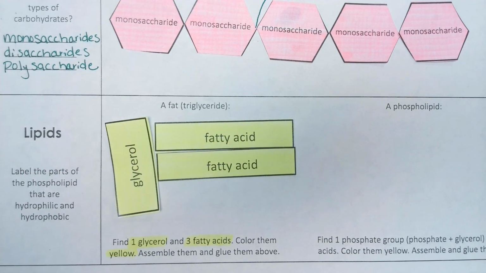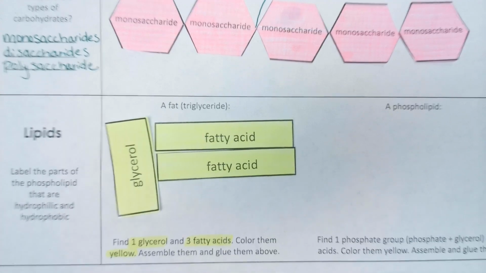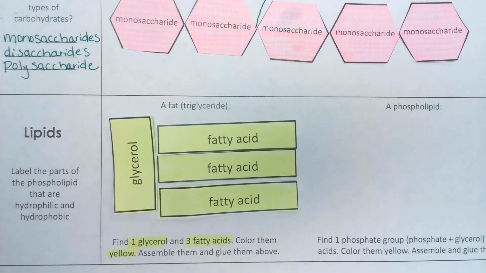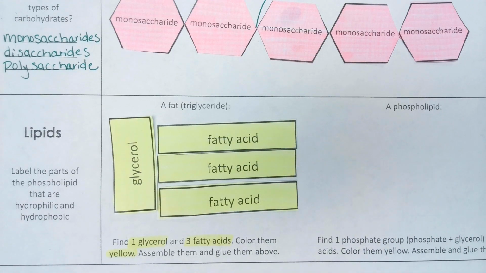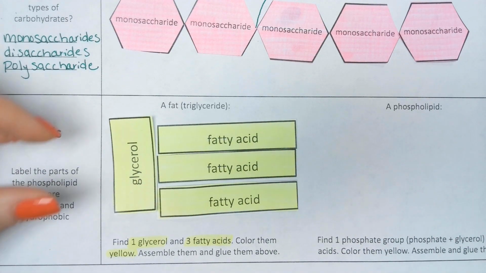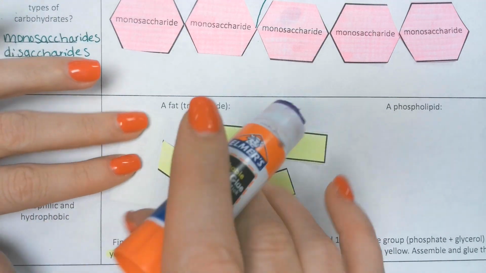Your cells will always use carbohydrates for energy first before tapping into other sources for energy. Lipids also provide insulation. And we talked about this yesterday, that they create phospholipids, which protect our cells. Those phospholipids form our cell membrane.